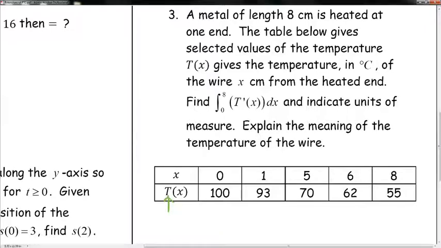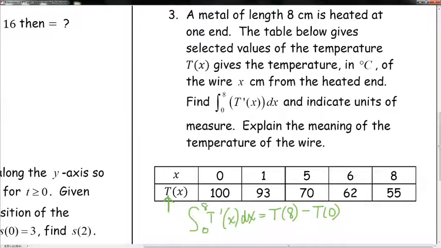And so if we're talking about the antiderivative from 0 to 8 of T prime of x dx, then we're talking about the total change in temperature, capital T of 8 minus T of 0.